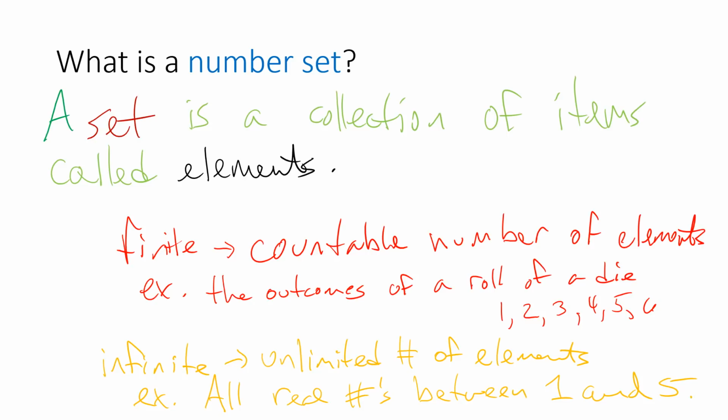Because I could pick the number 1.1. I could pick the number 1.11. I could pick the number 1.111. I could pick the number 1.1111. I think you get the idea. But there's an infinite number of numbers that I could write down between 1 and 5. So that's an infinite number set.